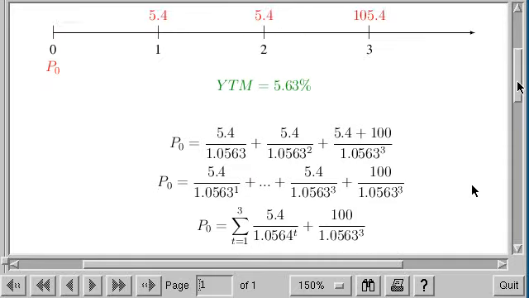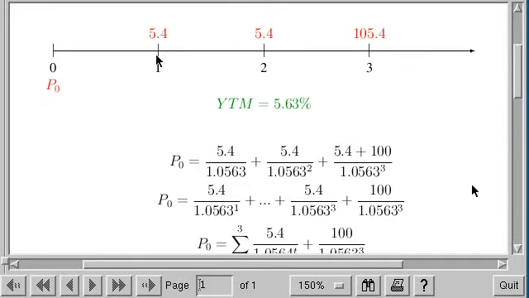Thus, the first one in year 1 is 5.4. You look here, discounted at 1 plus the rate to the power of 1 because it's year 1. Then the second one here. And then the third one here, 100 plus 5.4, 1 plus rate to the power of 3, the year number.